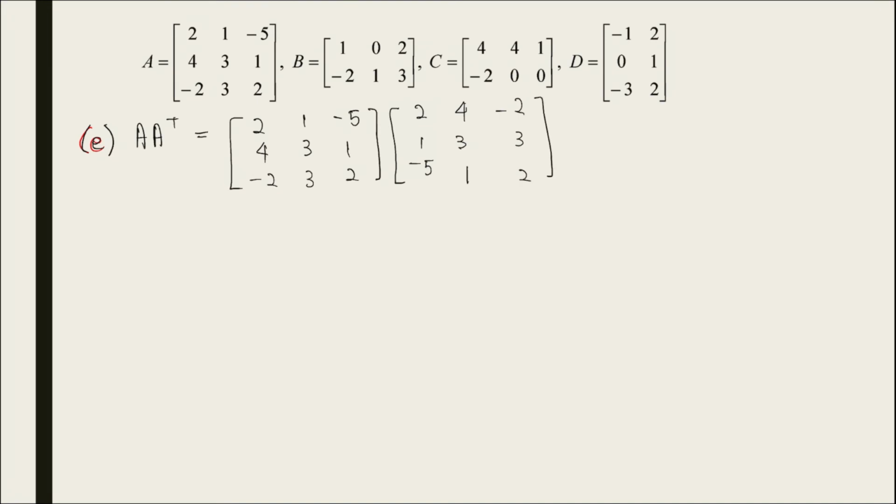Remember, the row will be the column. Now I am going to use a calculator to multiply these two matrices, and that will give me 36, negative 11, 6, 26, 3, negative 11, 3, and 17.